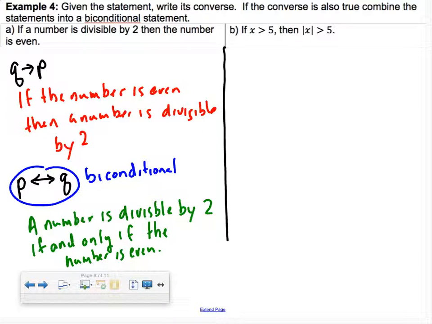Let's take a look at the next example. If x is greater than 5, then the absolute value of x is greater than 5. Let's take a look at the converse here. If the absolute value of x is greater than 5, then x is greater than 5.